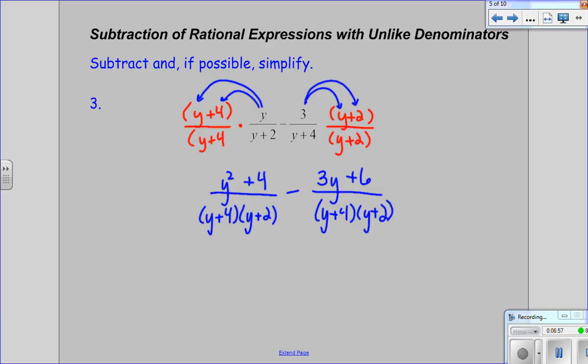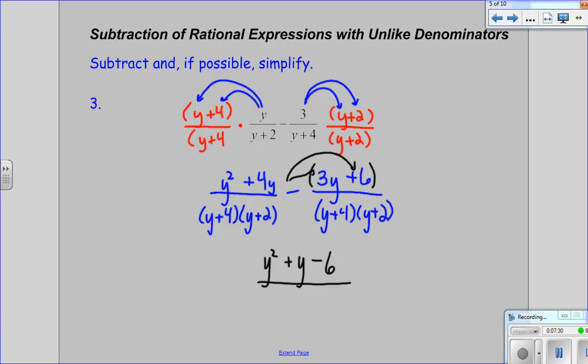So let's combine our like terms. We have y squared in the numerator. I'm sorry, I missed my y up here, so let me make sure I write that in. Then I have 4y minus 3y, so that is a 1y. And then I have this 6 becoming a negative 6, because I'm subtracting both terms. You can think of it as those two terms being in parentheses there. So I get minus 6.